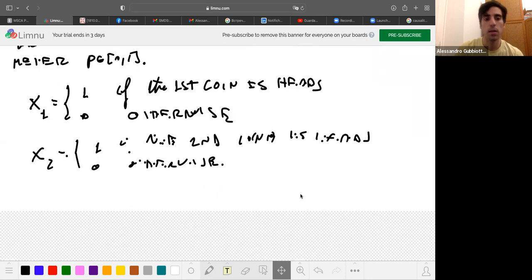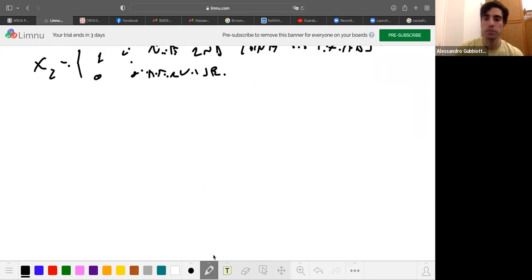Once again, for example, we want to compute the probability of 1,0: the first coin gives heads and the second tails.